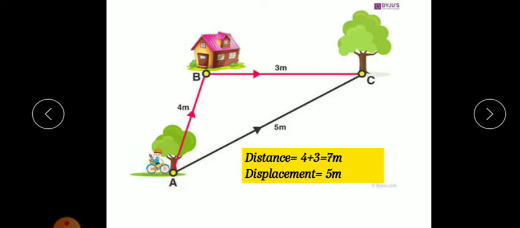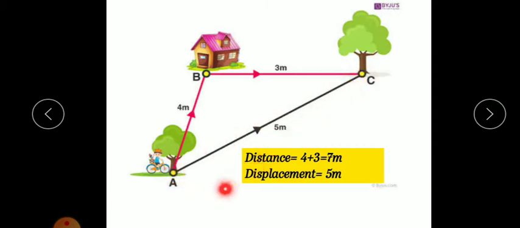No. So in which direction does he have to move? In the northeast direction. That means displacement depends upon direction. So whenever you say displacement, you have to mention the direction also.